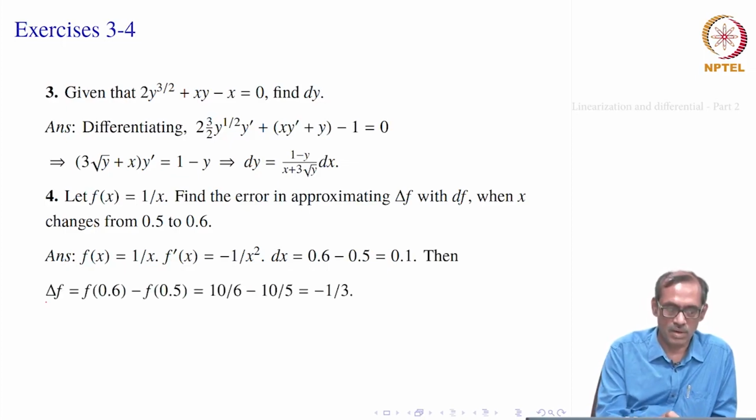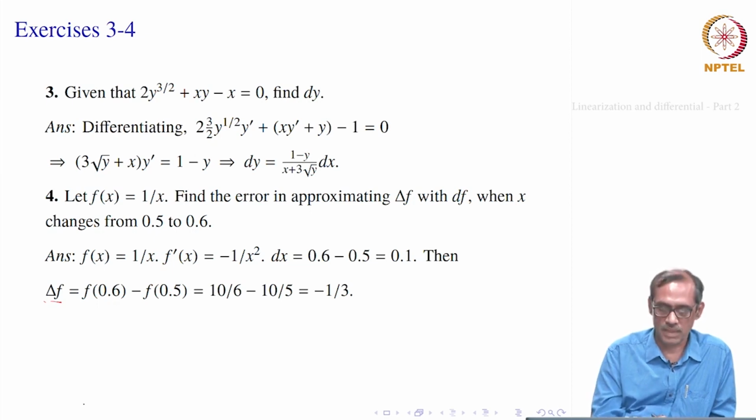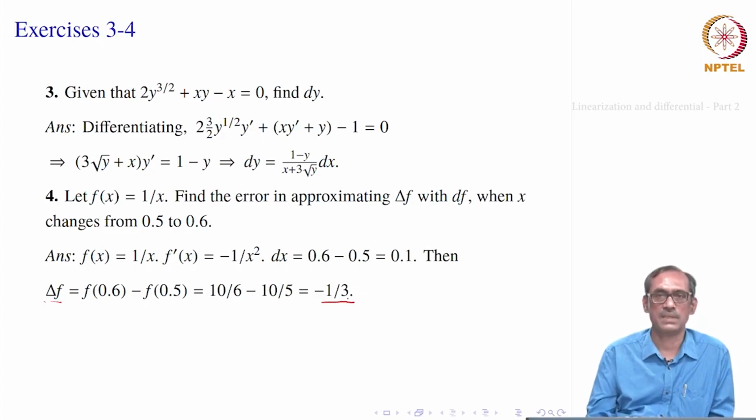Okay. So, now delta f is equal to f of 0.6 minus f of 0.5. So, when you substitute, you get 1 divided by 0.6 minus 1 divided by 0.5, which is minus 1 divided by 3.